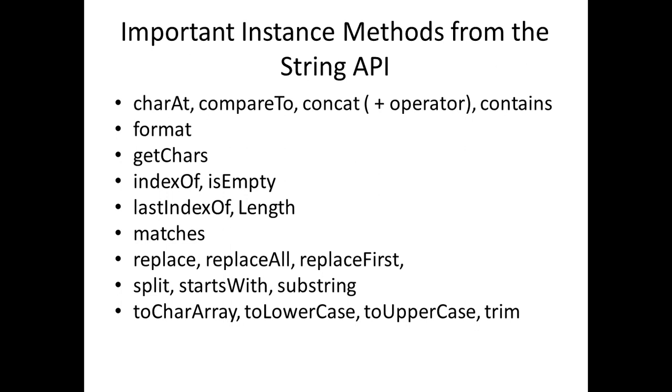Then concat joins one string to the end of the existing string. It's equivalent to the plus operator. Contains checks whether a string contains a certain set of characters or not. Format formats the string. getChars gets you the characters of the string for certain positions. You can read the documentation about all these methods in the String API documentation.